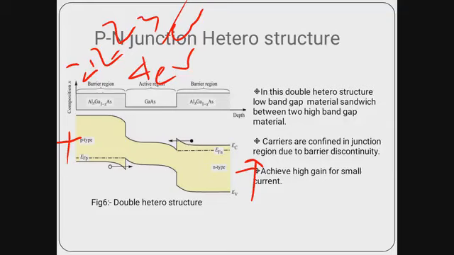Hence the valence band EV also moves up because E is equal to minus E into V. V is negative, so minus into minus, the output will be positive. That means this level is shifted up. Due to this barrier, we are getting some amount of discontinuity over here.